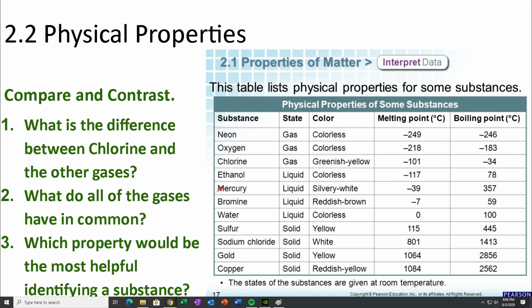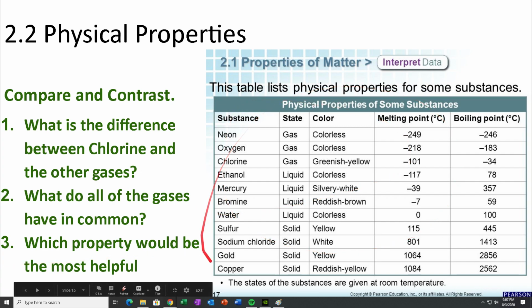I could drink mercury if I'm using liquid only to distinguish them, and that'd be an issue, because mercury is fairly poisonous. The easiest way to distinguish between them using a physical property is usually melting points and boiling points. I don't know if we're going to have a lab on that when we get to ionic and covalent bonds, but that does come into play at that point. So melting and boiling point would probably be the most helpful, especially in this circumstance.